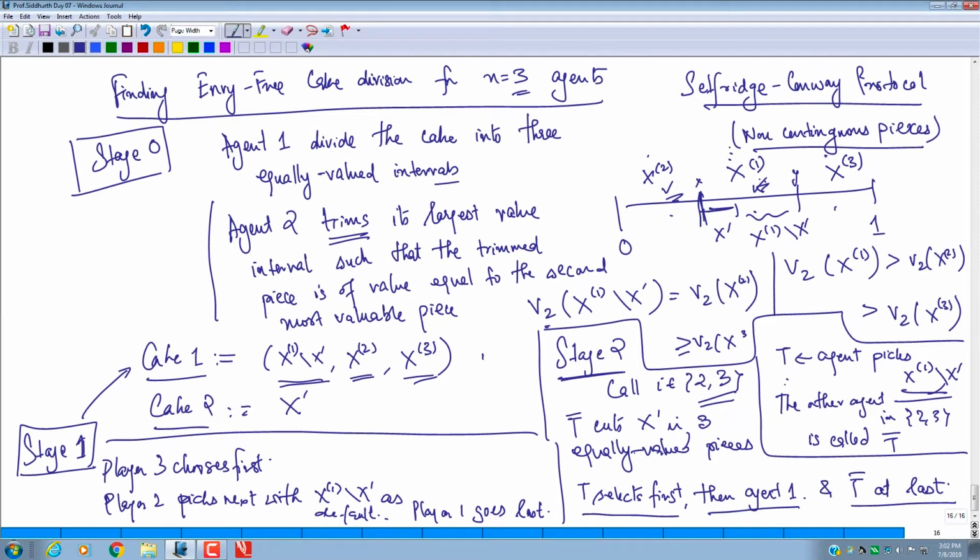So T with this trimmed piece, plus even the whole trimmed thing, will not be a source of envy for agent 1. So again, I've said it multiple times, but let me summarize. If I look at the two stages in isolation, they are going to be envy free. Furthermore, the fact that T goes before 1 ensures that envy freeness is maintained.